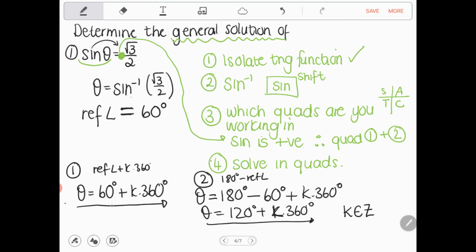Okay, and those two are our general solutions. Right, so it's isolate your trig function, find your reference angle, and then you say which quadrants I'm working in, and then we use our little goodies that we remember to be able to find our general solutions.